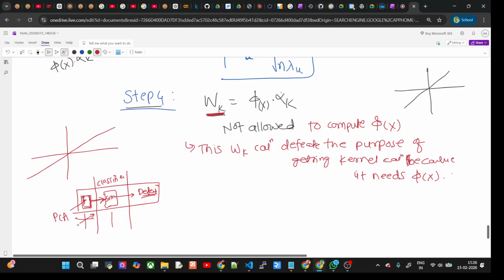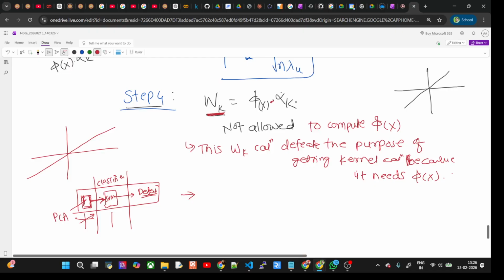You give me what you are now having, and I am happy with that. So with this approach, calculating wk from phi of x and lambda k, you cannot do this step, because this calculation of phi of x is coming, and phi of x has a time complexity of d raised to p, dimension raised to whatever power you are projecting to in the higher dimension.